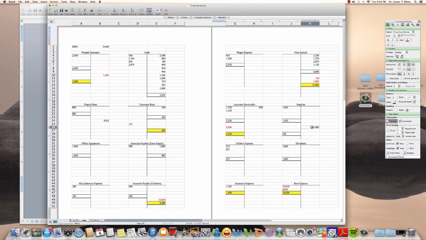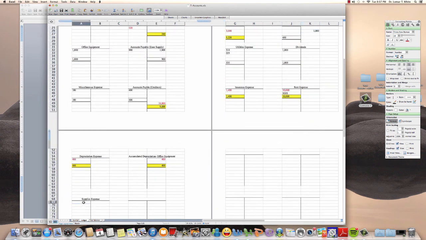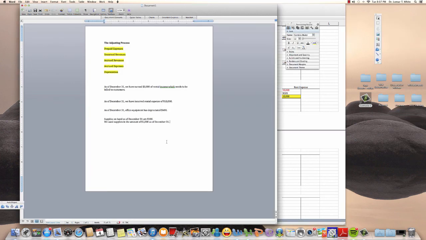Okay? And since I made a credit to supplies, meaning that I used up $1,000 worth of supplies, I need to put the expense on my books. And the expense would be $1,000 because that's how much supplies I used, and that's the expense that I incurred. Okay, so that's a little trick to look out for with supplies.